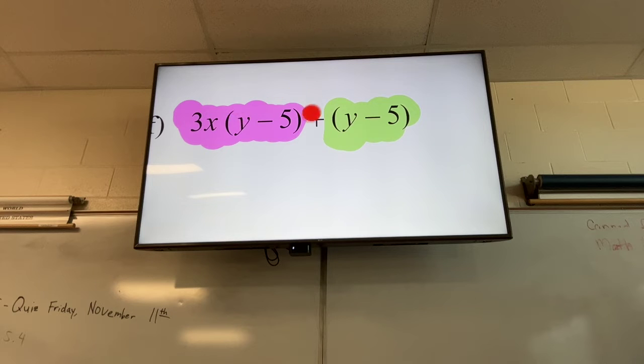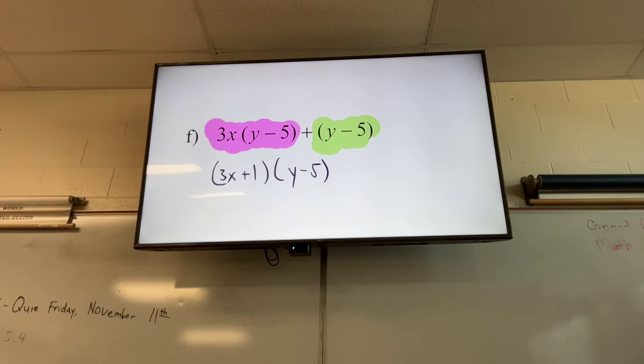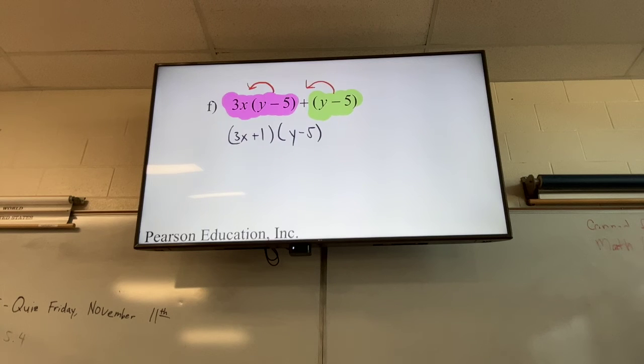They both have y minus 5. I want you to think about y minus 5 as like its own variable almost. You can just pull off that whole thing. So I get 3x plus 1 times y minus 5. So what I did here was I factored a y minus 5 out of both terms. Okay?